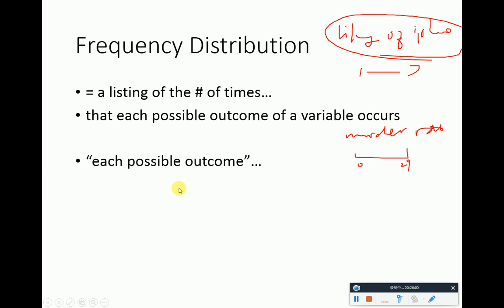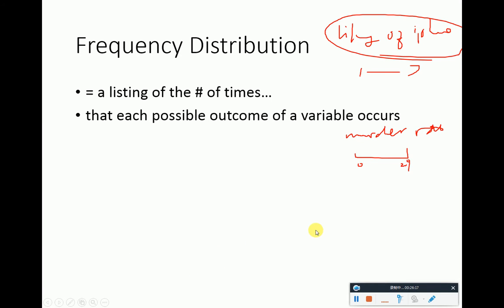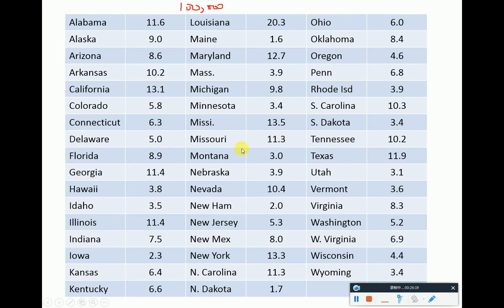So obviously, as you saw, the possible outcome can be concrete values or exact values, right? 1 or 2 or 7, right? Or it could be intervals of values, right? And this is most useful when the values don't repeat themselves. That is, as we saw in this case, rarely do you have exactly identical numbers. That gives you too many numbers.